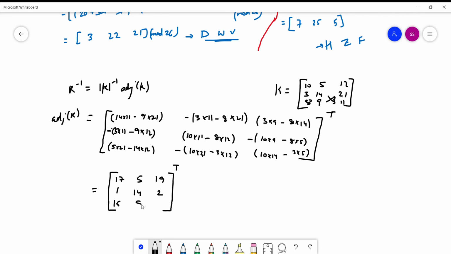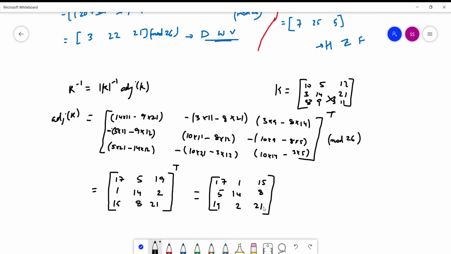Here it is mod 26. If you take transpose, its value will be 17, 1, 15, 5, 14, 8, 19, 2, 21. Okay, so this is my adjoint of k.